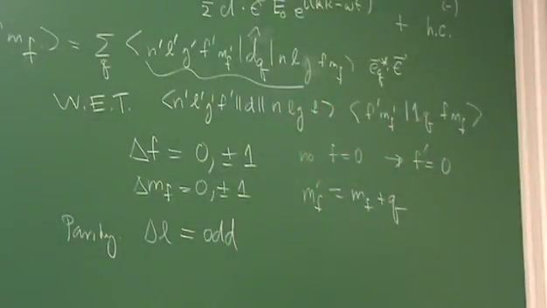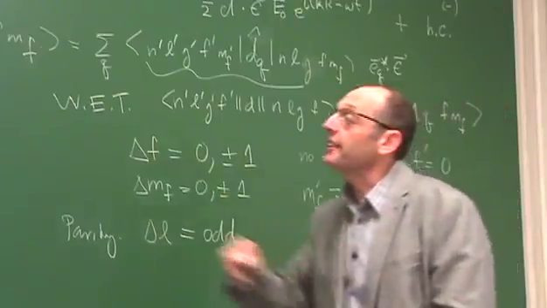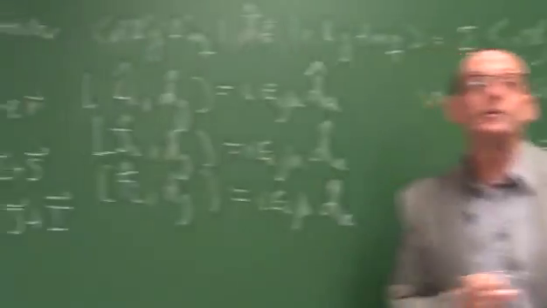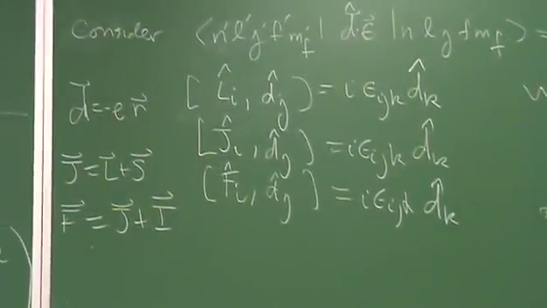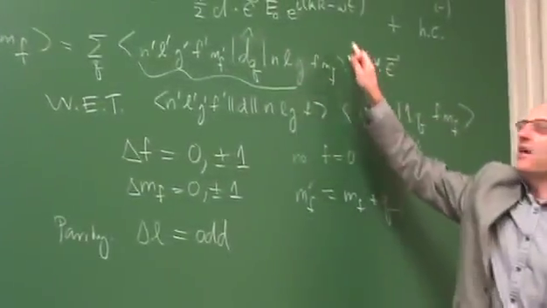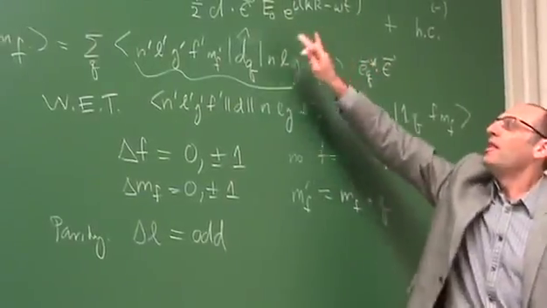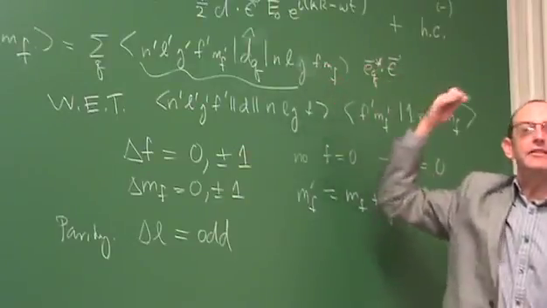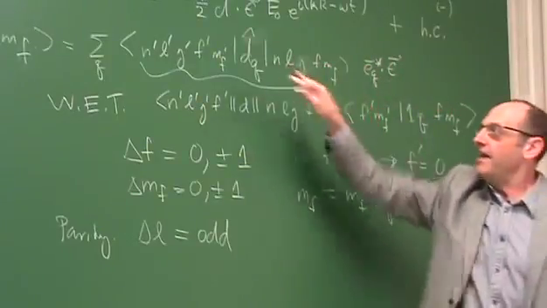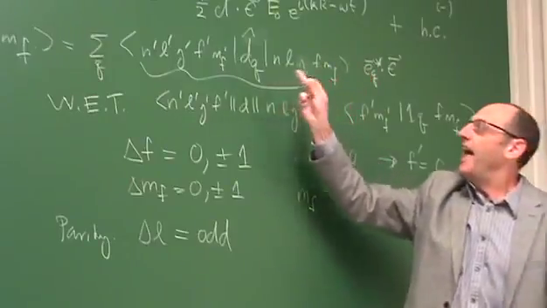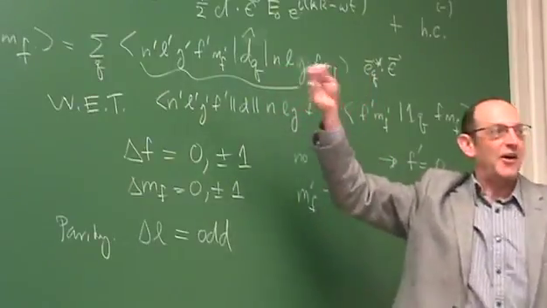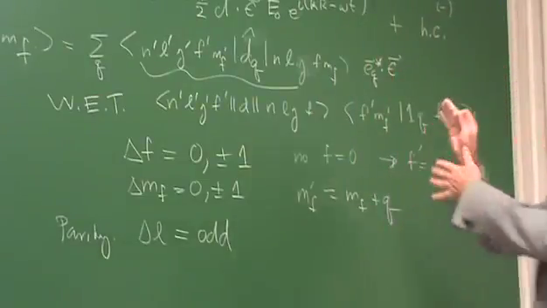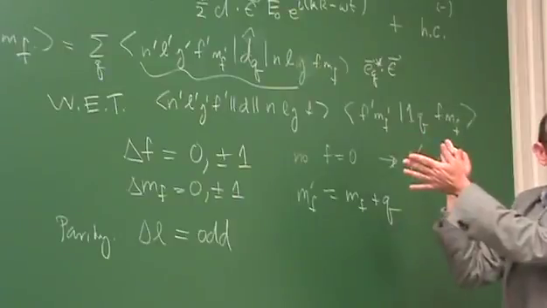However, we can say more than that because of the fact that D is a vector with respect to L. Then if I were to uncouple the basis between the spins and the orbital, I would end up with matrix elements that had the Wigner-Eckart theorem there with L, M sub L and L prime, M sub L prime, and I have the same kind of thing for those individual matrix elements.